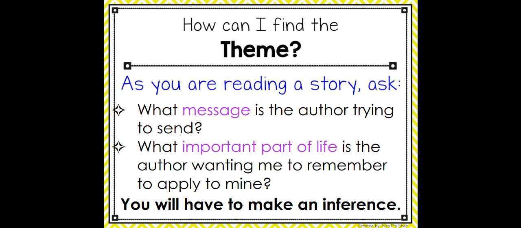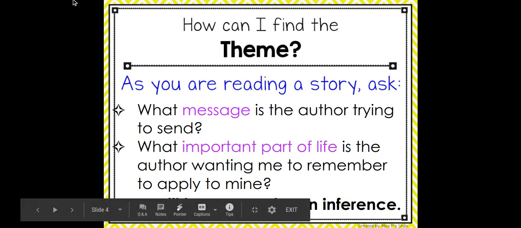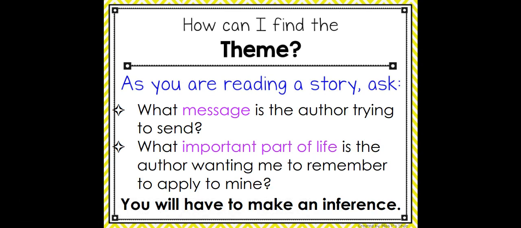You will have to make an inference, which means a guess using the information you know from the text and the information you know from your brain. If you think about these questions, you will be on the right track to discovering the theme of the text. The theme is rarely stated. You have to infer based on these questions.